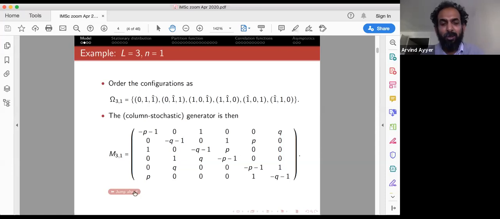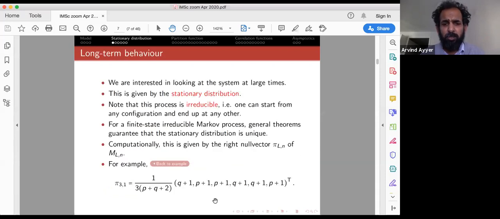Okay. So for this example, the stationary distribution is given by this vector, and I've normalized it by this quantity, which I'll define later. There are two things I want you to notice. One is that the first, fourth, and fifth have the same probabilities, and the second, third, and sixth have the same probabilities.